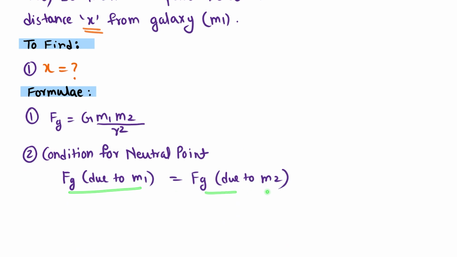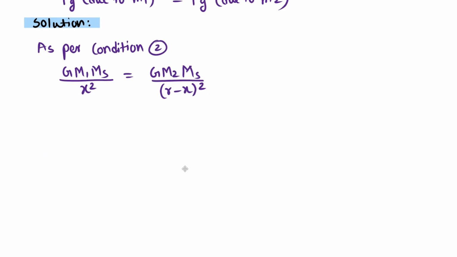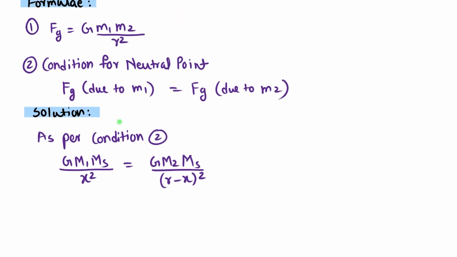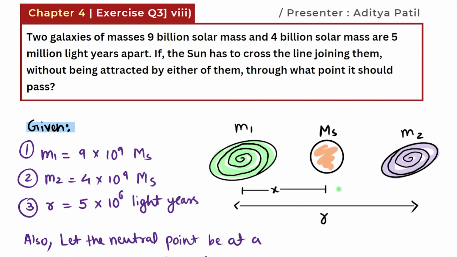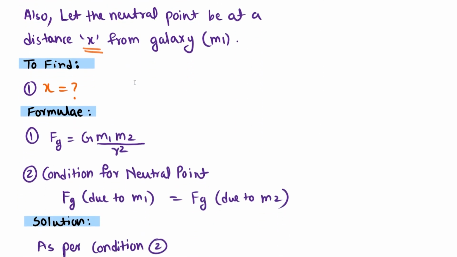So वही किया है कि दोनों forces should be equal for our neutral point. So let us quickly solve it. As per condition 2, if we substitute the following values in the formulas, so mass of galaxy m1 and mass of sun, mass of galaxy m2, mass of sun, and the respective distances, as we explained, if this is x, this has to be r minus x.